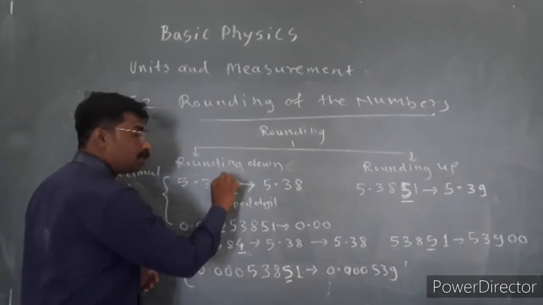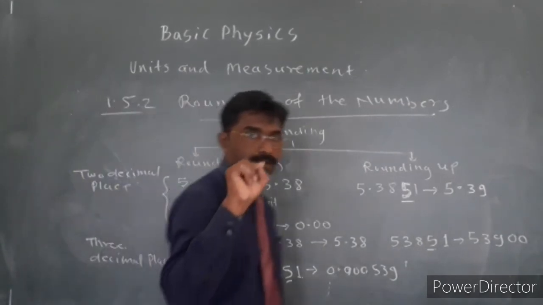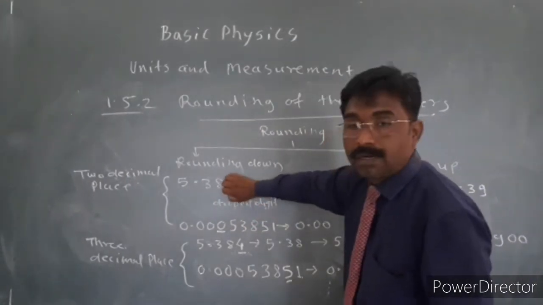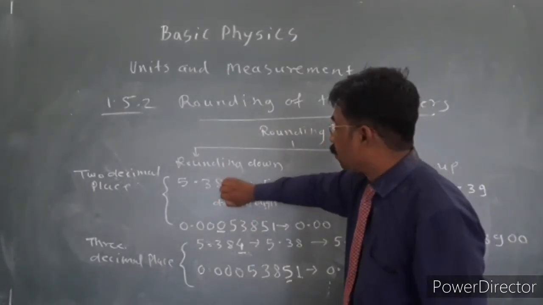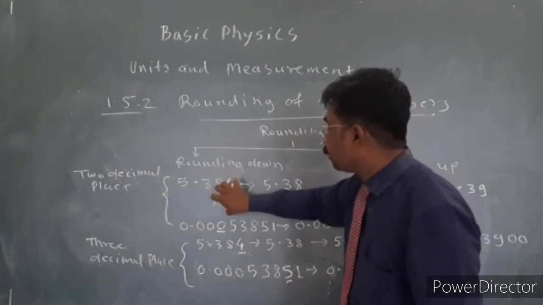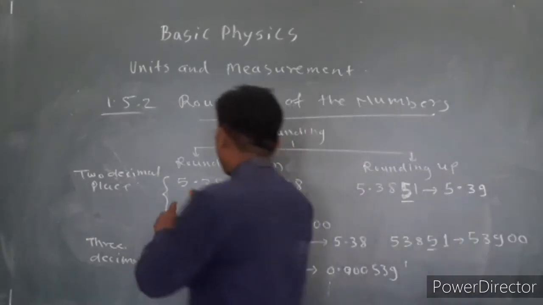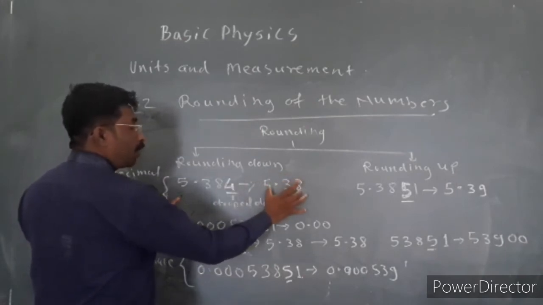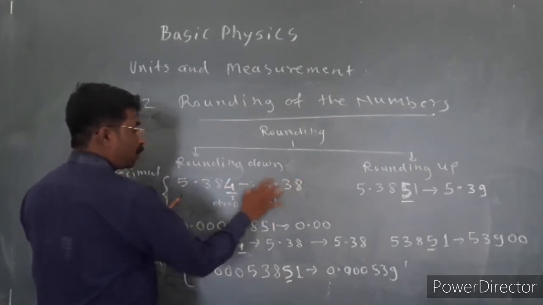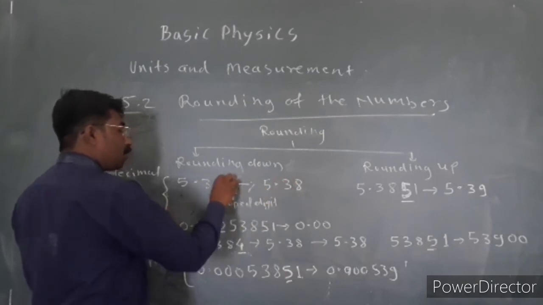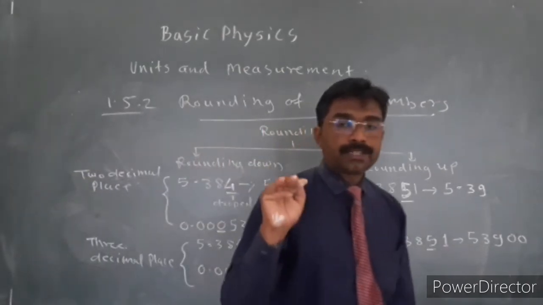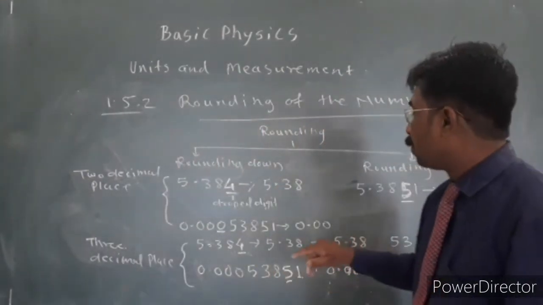This digit 4 is less than 5, so I want to eliminate this digit 4 or delete it. So 5.38. This is the rounding down method, and I have to drop this digit 4 because its value is less than 5.